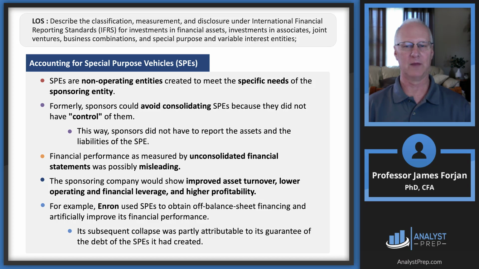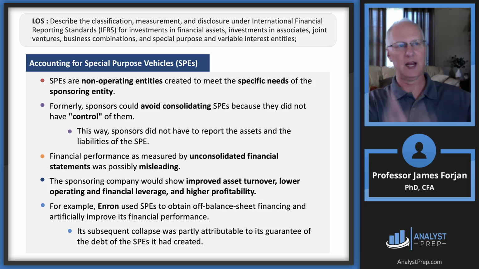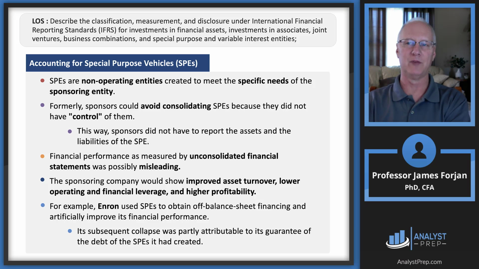Its subsequent collapse was partially, maybe substantially, attributable to its guarantee of the debt of the SPs that it had created. And of course, this is not a problem. I mean, if you associate Enron with special purpose vehicles, that's really not fair to special purpose vehicles because in and of themselves, they are not inherently good or bad.